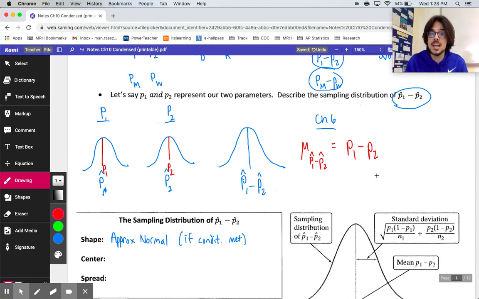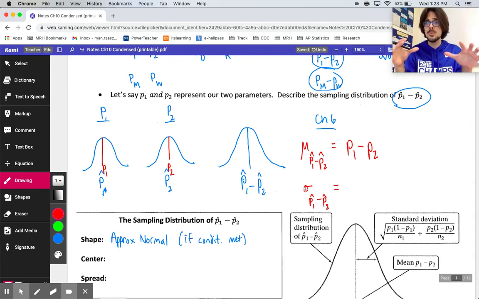The standard deviation, though, is going to take more chapter 6 knowledge. You guys might recall back in chapter 6 when we learned about random variables, if I wanted to get the standard deviation of two variables that were subtracted from each other, you had to first square them and make them into variances.